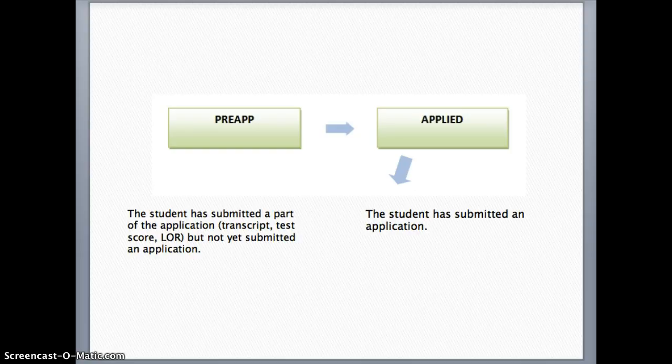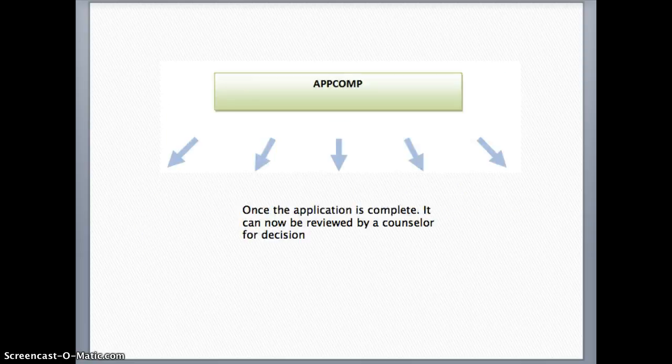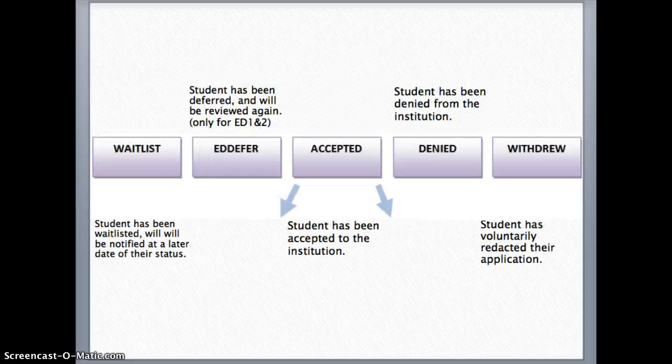Once we have everything, they become app complete. You can see many arrows here. After a file is reviewed and all the bits and pieces are in, the counselors can make a decision, and all these arrows lead to the 5 decisions that are possible for the institution.